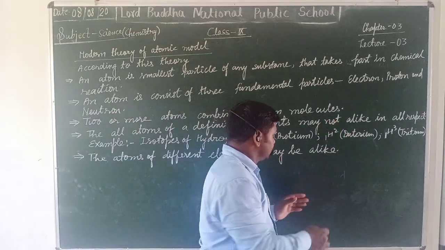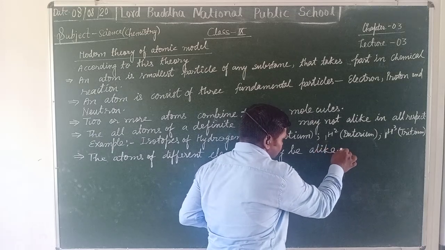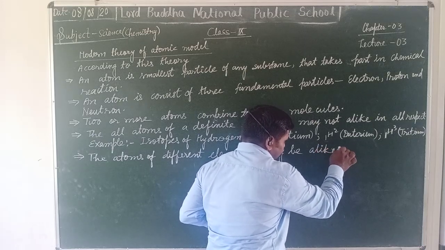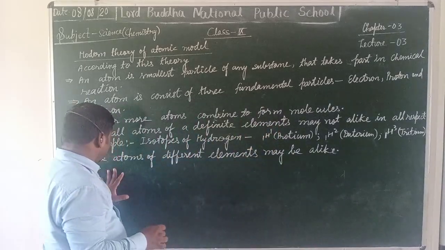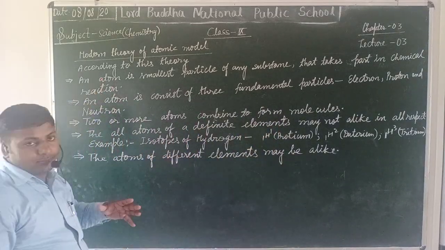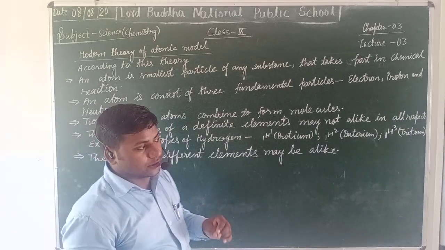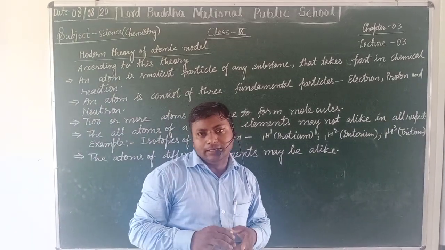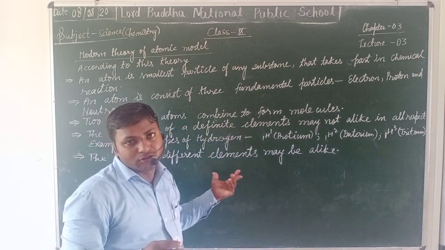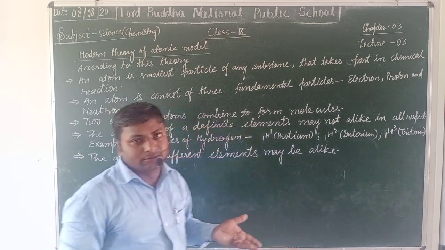What is the meaning of this concept? It means the shape of the atom, or you can say the nature and behavior of atoms, may be alike even though they belong to different elements.